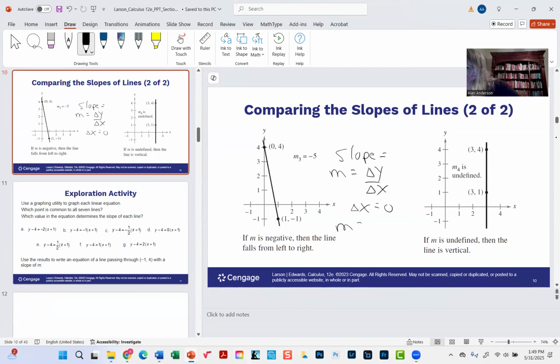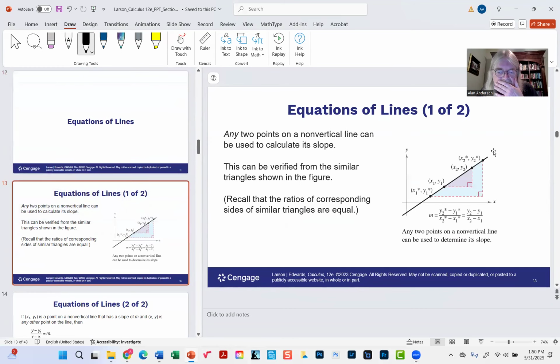So that means the slope is delta y over 0, which of course is undefined. We all know that the one unbreakable rule in math is that you cannot divide by 0. I don't remember what year you were taught that, but this is one of the things that you must never do in math, divide by 0.